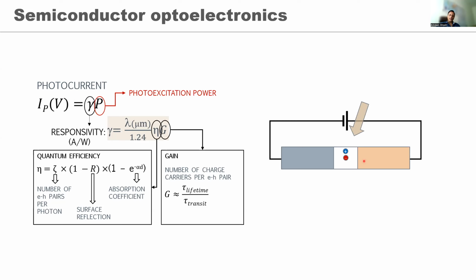So before the electron and hole recombine, how many electrons you generate in the circuit is given by this gain G. The trick here is to make sure that the electron and hole pairs do not recombine for as long as possible, so that you can create a large number of electrons in the circuit and hence large gain.